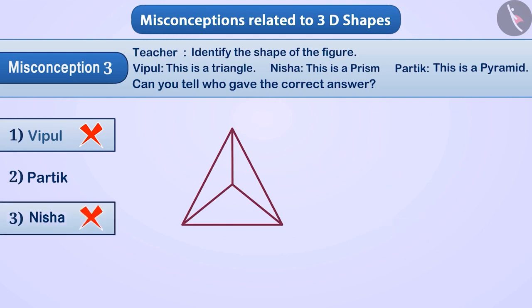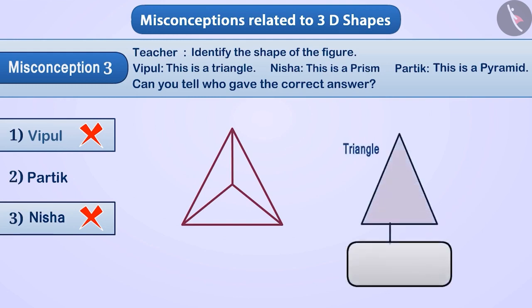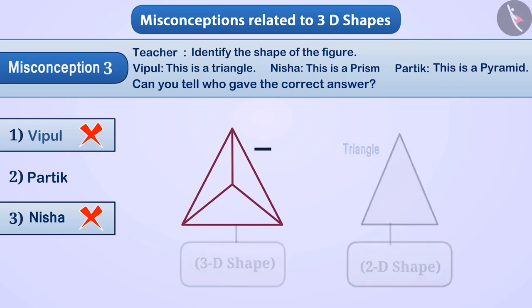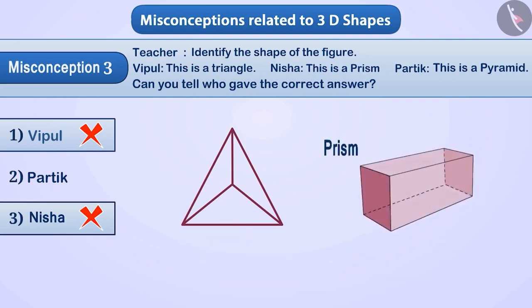The correct understanding is that the triangle is a flat shape, that is, it is a two-dimensional shape, also known as 2D. But the given shape is a 3D shape, so it cannot be a triangle. A prism is a solid shape with two faces identical and parallel.